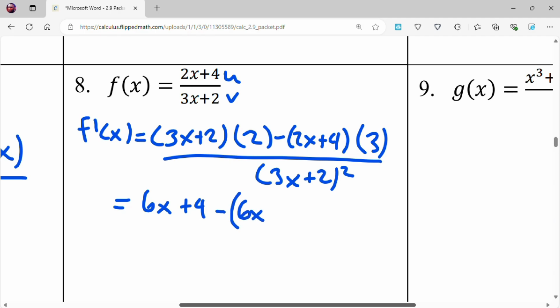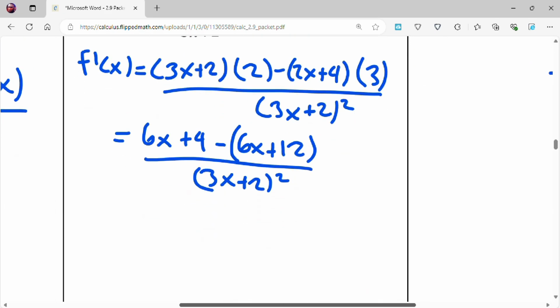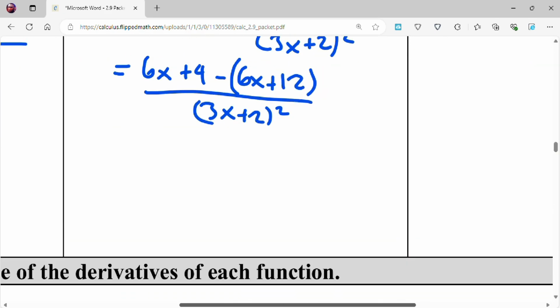So minus 6x plus 12 over 3x plus 2 squared, and then last step, 6x and then minus 6x cancels out. 4 minus 12 is negative 8, equals negative 8 over 3x plus 2 squared. Okay.